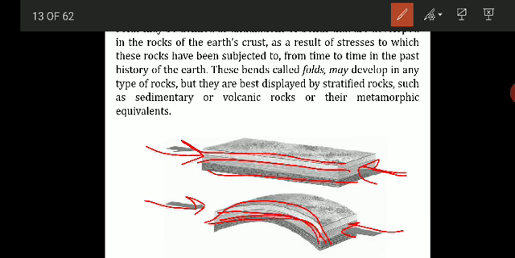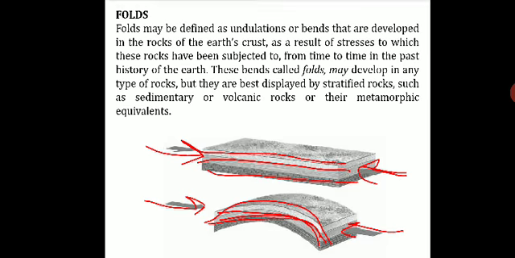That bend is called the fold. So what is a fold? The undulations or the bends that are developed in the rocks of the earth's crust as a result of stresses to which the rock is subjected from time to time in the past history of the earth. That is called the fold.